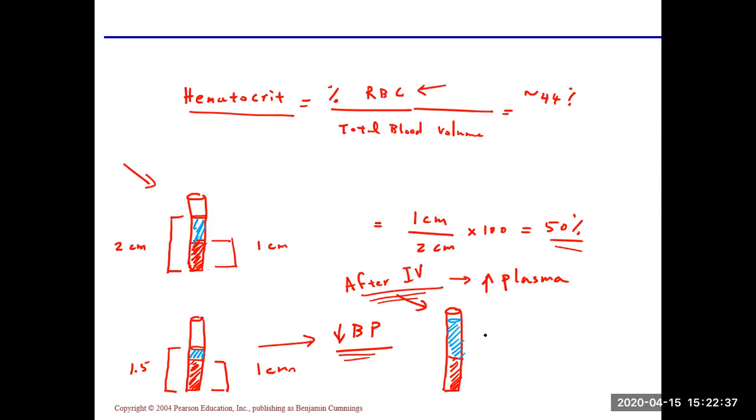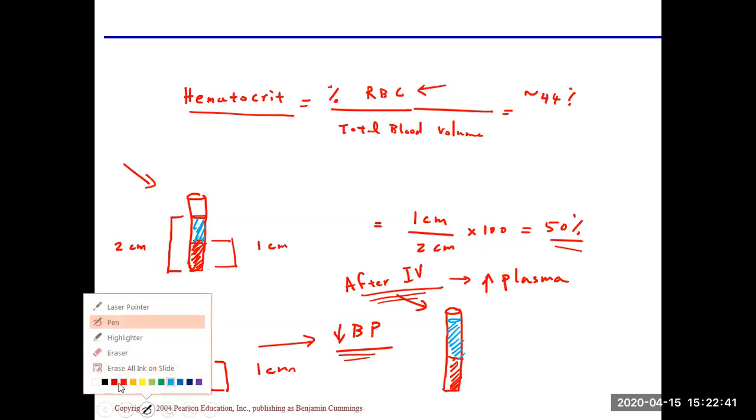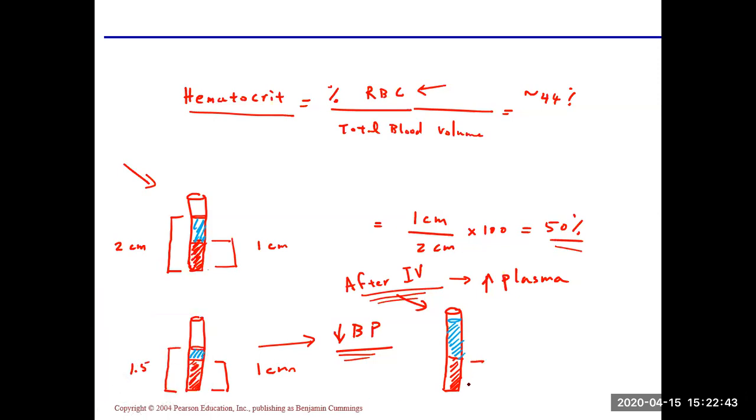This is way more now. Again, if you wanted to do the hematocrit, let's say from here to here is 1 centimeter. All right, now the total volume is more. Okay, so 2 centimeter would be up here. Maybe we could put like maybe 2.5 centimeter.